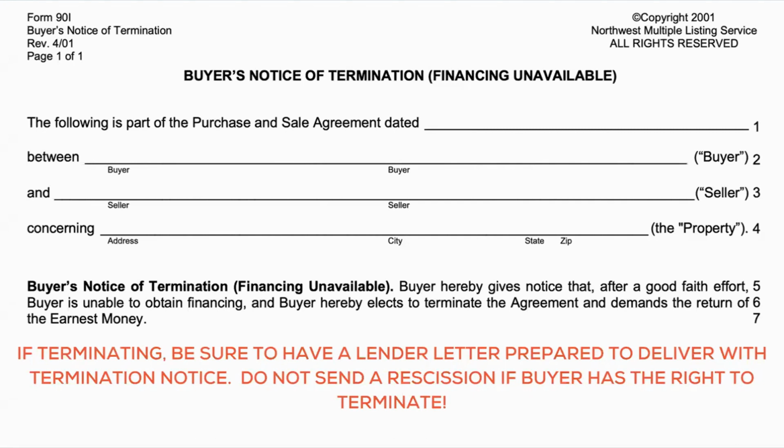We don't want to use like a 52 where it requires a buyer and seller's signature for that buyer to get out of this. If that buyer has truly done everything they are supposed to based on the financing contingency and cannot get approved, the proper notice is going to be a 90I. But in this, you also want to make sure you're attaching the lender letter that proves they've done everything they were supposed to do. Again, do not rescind. Make sure you terminate if there's a right.